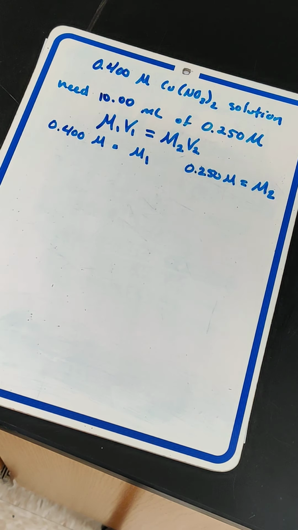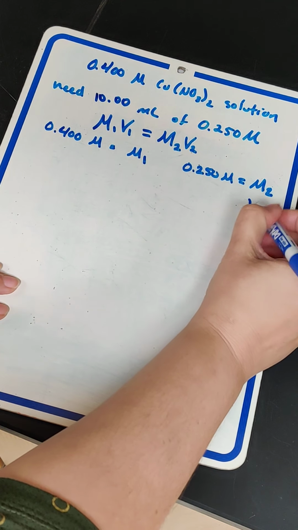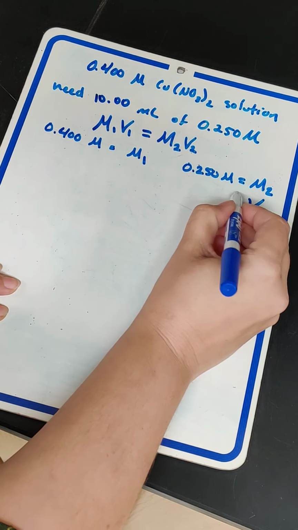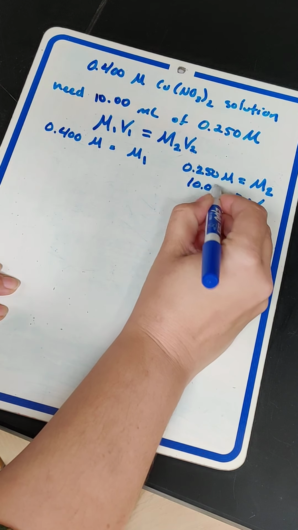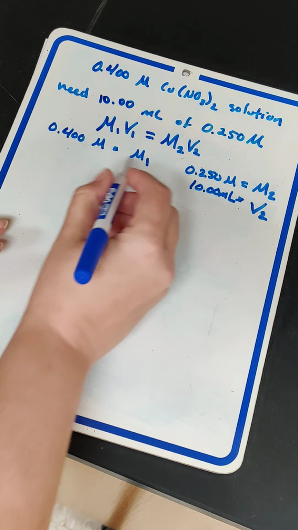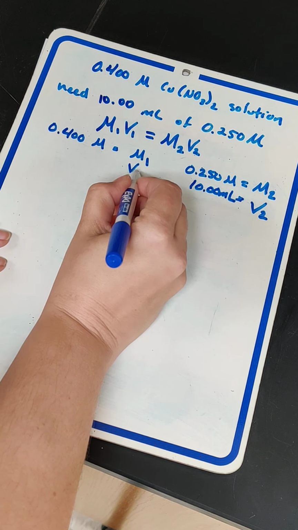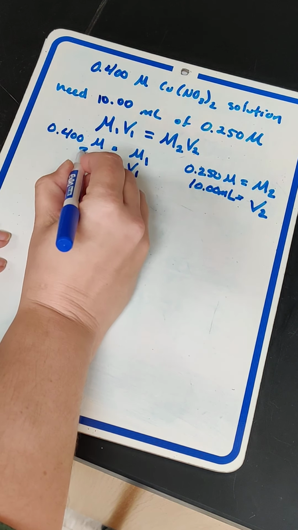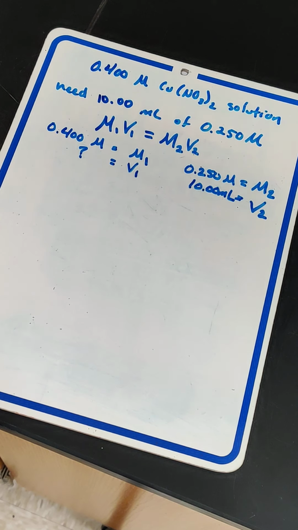I know how much volume I want to have at the end. I want to have 10.00 milliliters of this 0.25 molar solution. So what I want to find out is how much 0.4 molar solution do I need to then add water to get to a total of 10 milliliters.